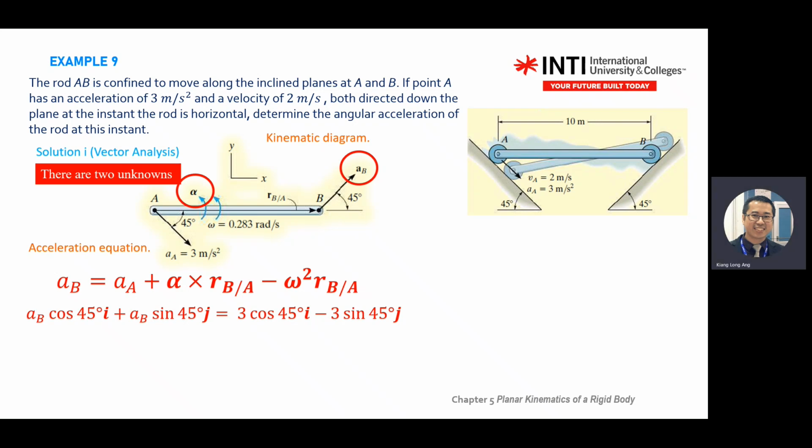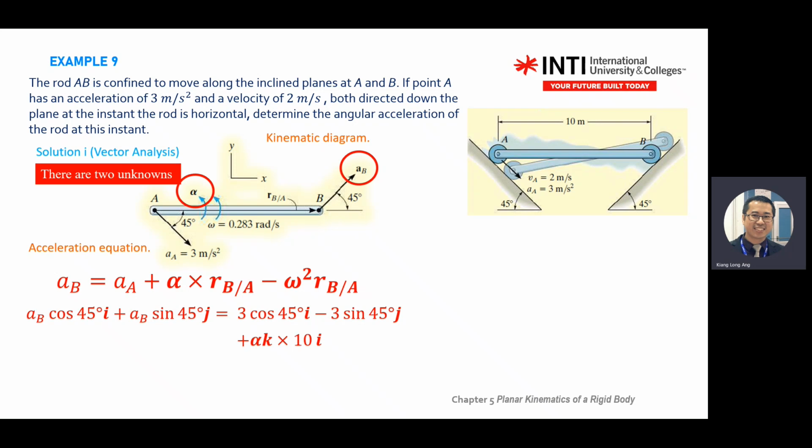So 3 cos 45 i minus this one, minus because your y magnitude is pointing down. Okay. Then this one, alpha, your k is alpha, alpha this way. Okay, alpha, the right hand rule: coming out from the screen is positive, going into the screen is negative.